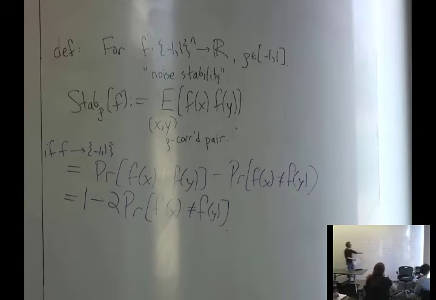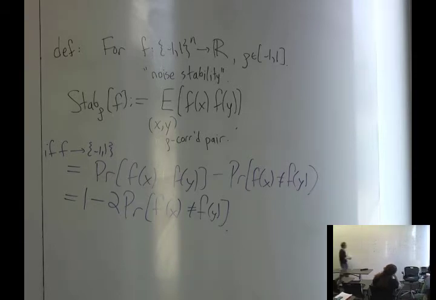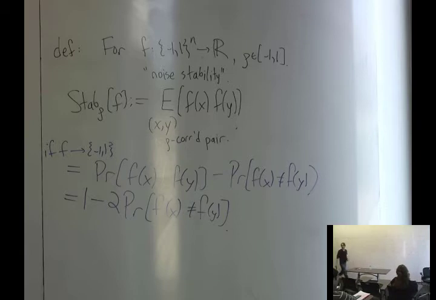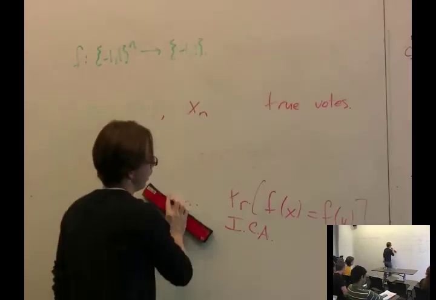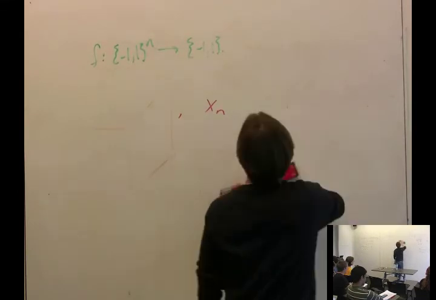So for Boolean valued functions, this noise stability is going to be some number between minus 1 and 1. And you see it's close to 1 if and only if the election rule is kind of stable under noise. It's unlikely to have its outcome changed due to these flipped votes. This is a nice quantity that we'll be studying for a fair portion of this class.